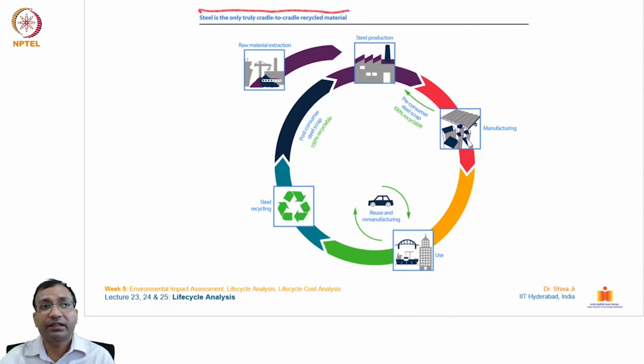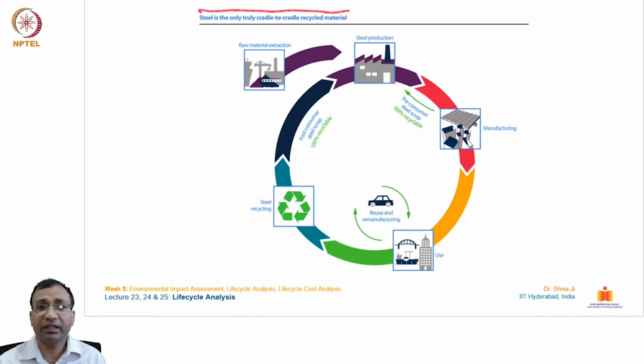So let's see how this gets recycled. This illustration gives a clear picture of the recycling part of steel. Once it gets into the system from raw material extraction and so on, it goes for steel production, then it is used, and then it comes back as scrap. Then again it goes as scrap into steel production, where it gets refurbished and recast into a new product.